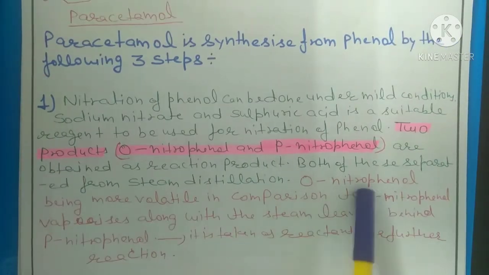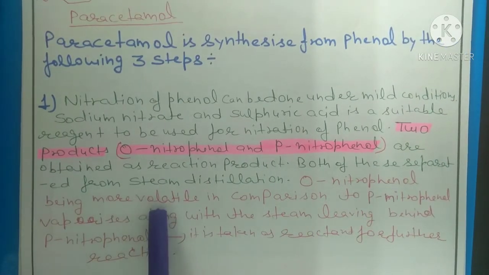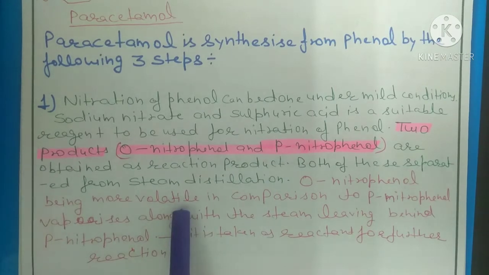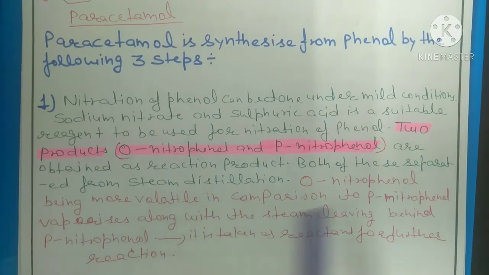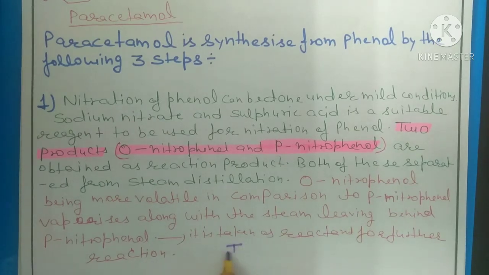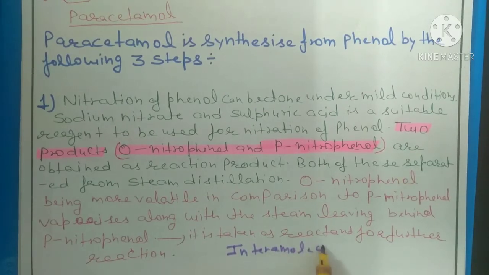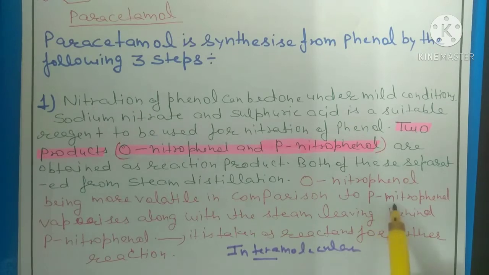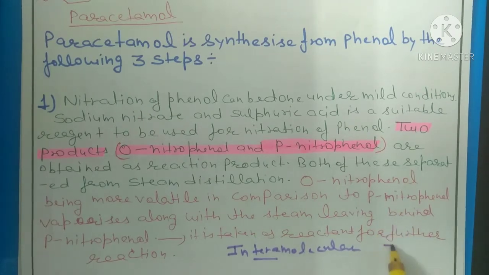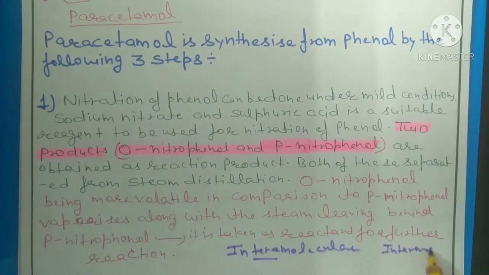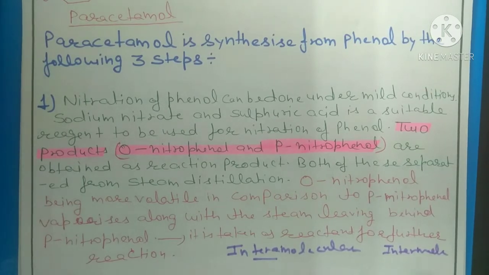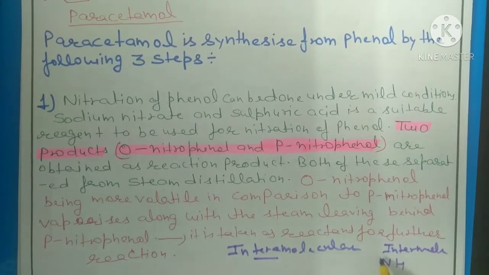Now orthonitrophenol is more volatile because it shows intramolecular forces of attraction, but paranitrophenol shows intermolecular forces of attraction, and we know that nitrogen and hydrogen both show hydrogen bonding.